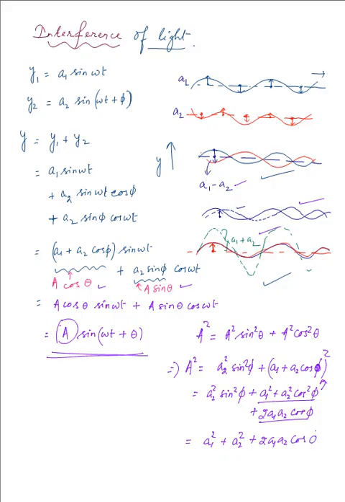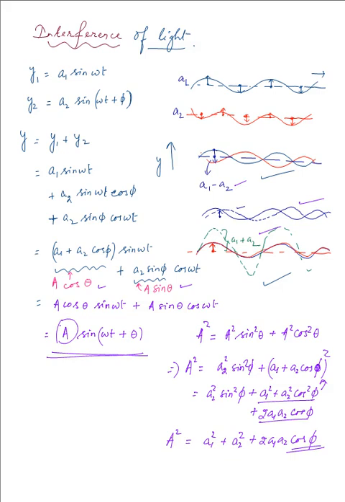So as you can see, the resultant amplitude is actually being treated as the vector sum of those two amplitudes which have an angular difference between them in the form of phi. This is exactly the vector equation that you would get as the resultant of two vectors when they are separated by an angle phi. So this is actually the vector sum that we are getting.